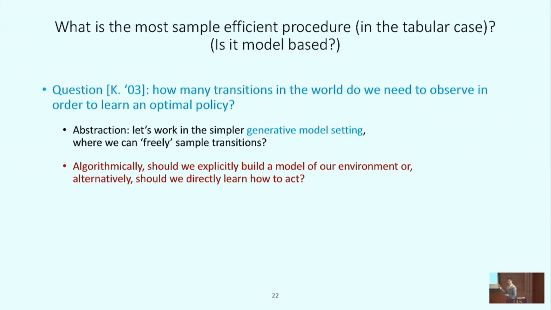In this very simple case of having a generative model, we can ask what is the most sample efficient procedure. And for that procedure, should we build a model of the world, related to what Sergey was talking about, and this is a classic question, or should we somehow just directly learn how to act? The advantage of building a model of the world is that it permits data reuse.